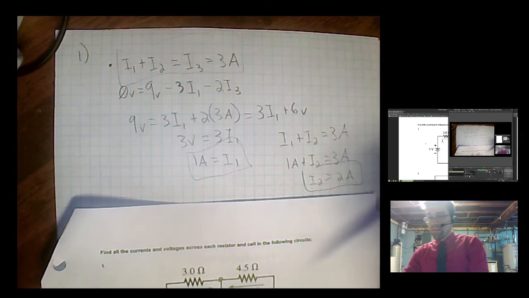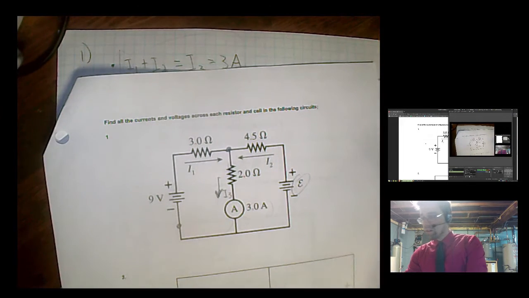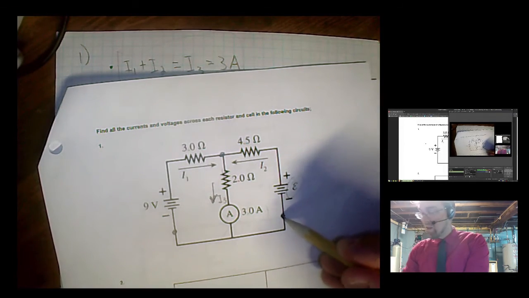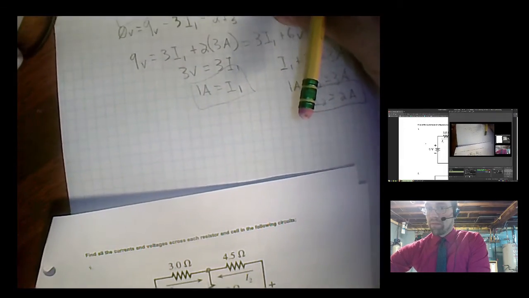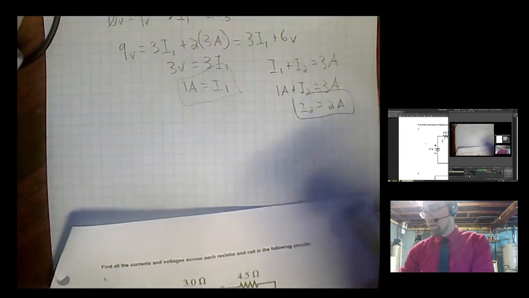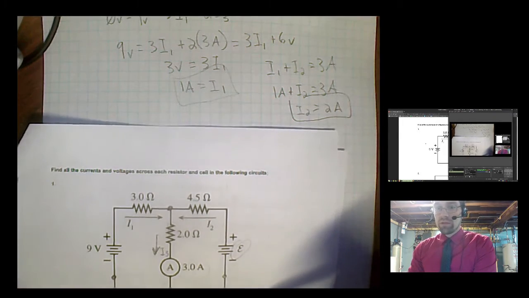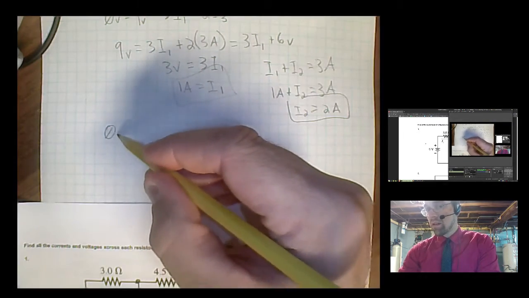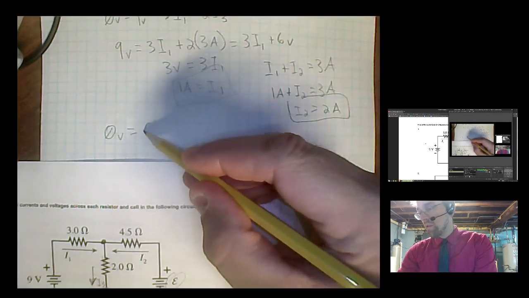The only thing left in the circuit is that voltage drop, so let's do one more loop to get this variable involved. We'll start right here behind that battery. So 0 equals: I'm going to go up by epsilon volts.